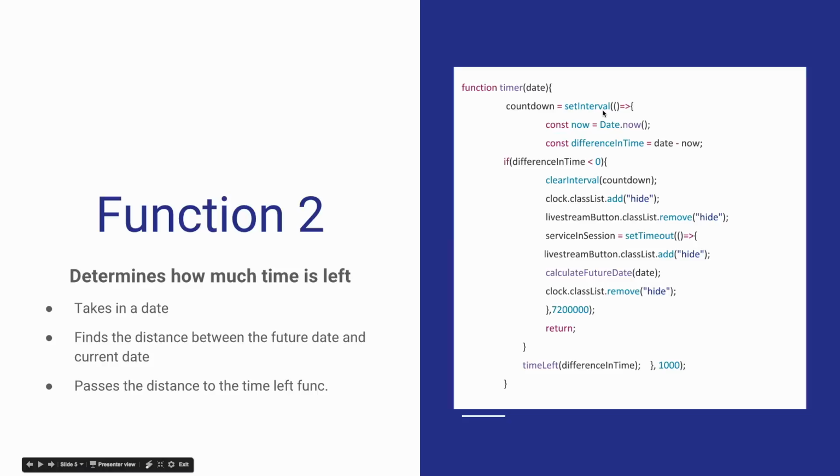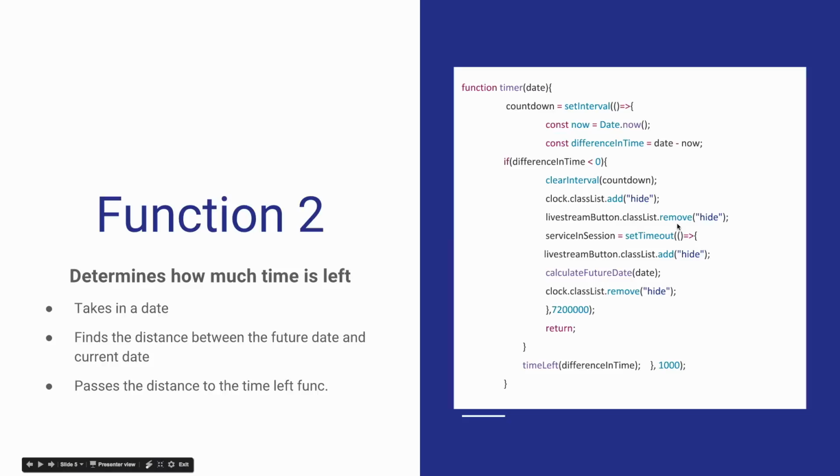So the set interval, I spoke about that earlier, what countdown was. Countdown controlled the set interval, and at the end of this video I'll explain what set interval is. But basically what it does is just run this entire function in here every second. So if the difference is 0, we're going to stop it, hide the clock, and then show the button. All right.